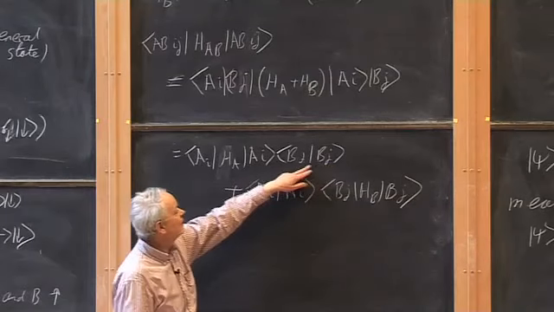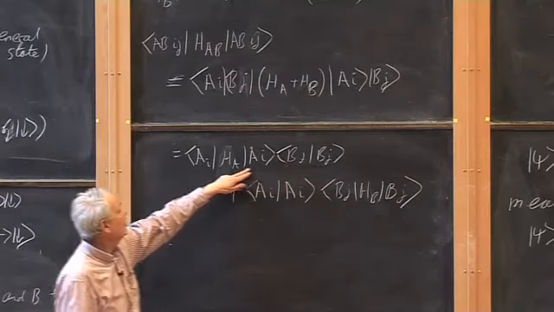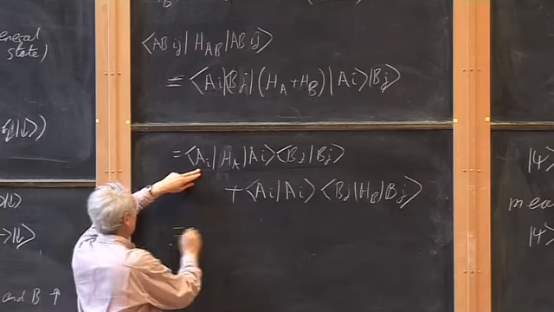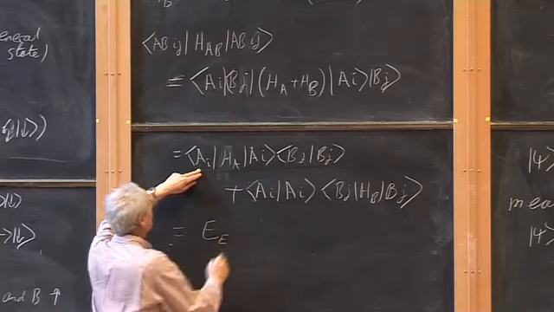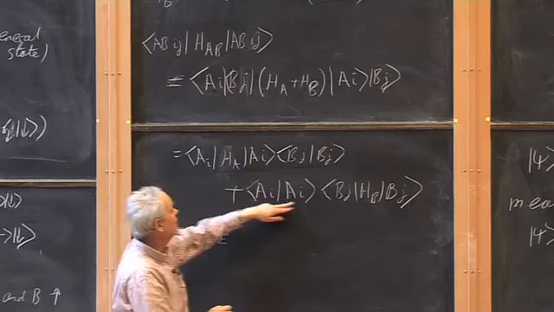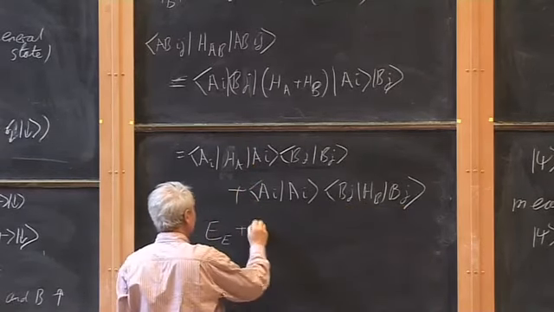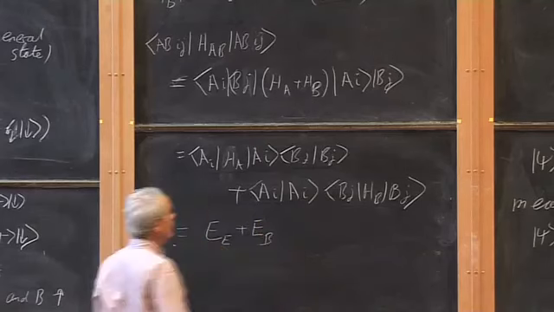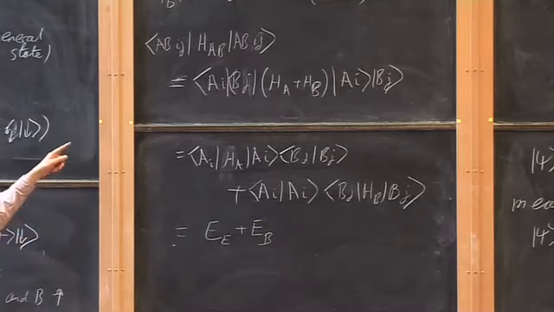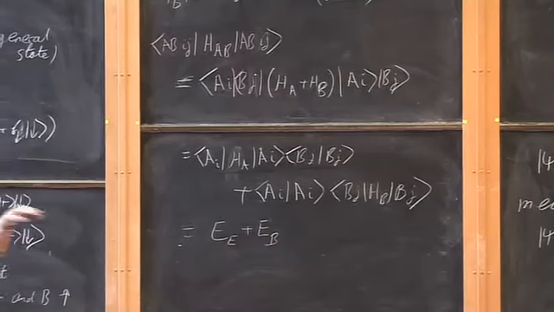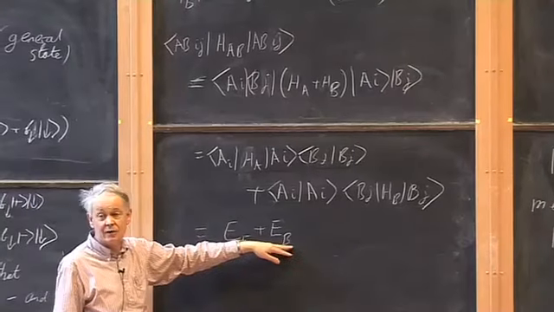This, of course, is going to be the number 1. This is going to be EA, the expectation value of the energy of A. This is the number 1, and this is the expectation value of B. So we find that the expectation value of the energy of the combined system is, lo and behold, the sum of the energies of the individual bits.